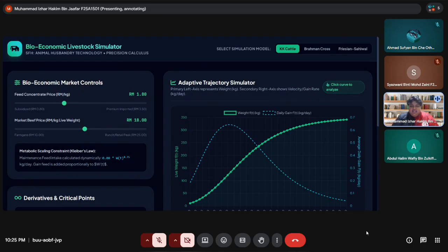Third, better growth management can improve farm profitability by helping farmers identify the most productive stages of animal growth. Finally, improving efficiency can also contribute to more sustainable farming practices by reducing waste and maximizing resource utilization. For these reasons, livestock growth analysis is an important topic in bioscience and agricultural research.